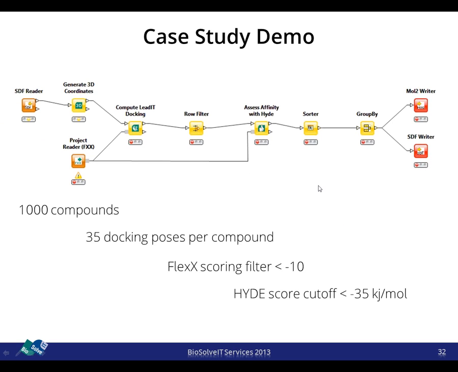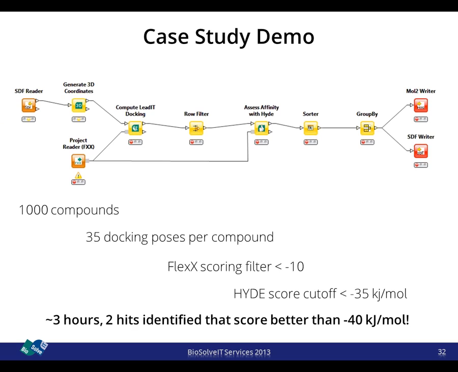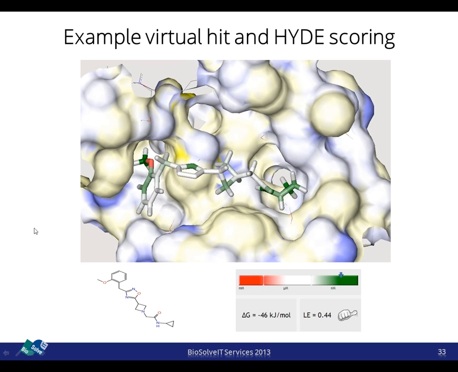Anything better than -35 is usually going to be interesting. So that took about 3 hours, and I've identified 2 hits that score better than -40. So that's very encouraging. And here's one of them, which is this benzyl substituted oxadiazole, which scores -46 kilojoules per mole.